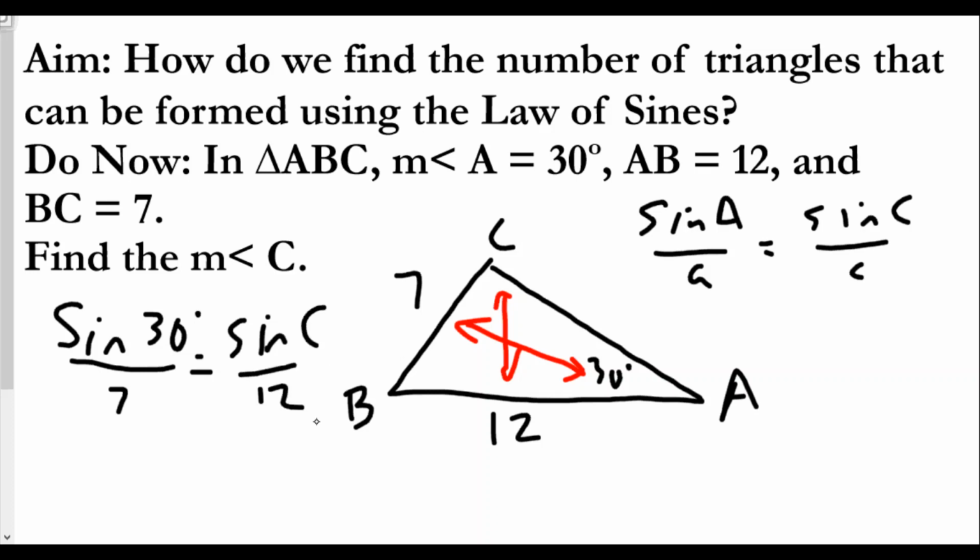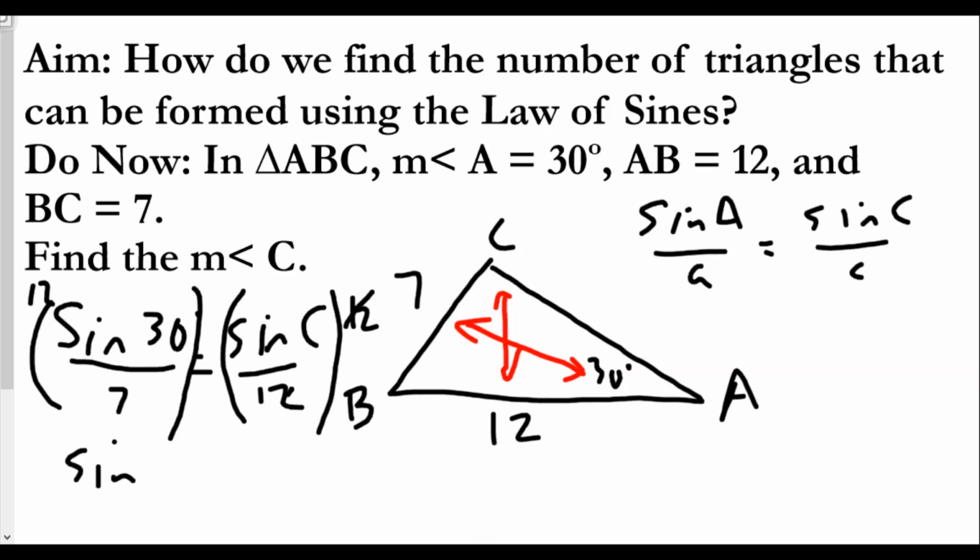We're going to try to get sine of C by itself, which we'll do by multiplying both sides by 12. Yeah, we could cross multiply, but here it's probably easier just to multiply both sides by 12 and get sine of C, because the 12s divide out. And so sine of C equals 12 sine of 30 divided by 7.